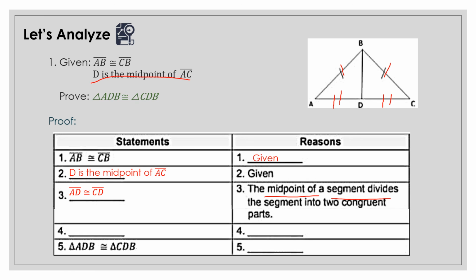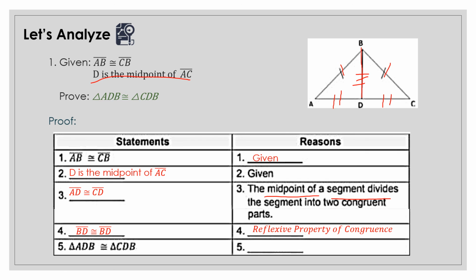So let's go to number 4. What else? Look at our illustration. We can say that BD is congruent to BD. What property is that? That's correct. The reflexive property of congruence: a segment is equal to itself.